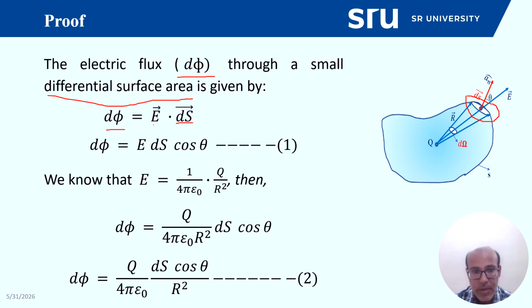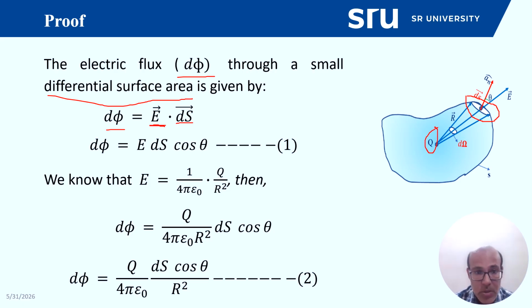Also the flux is proportional to the electric field due to this charge. When you keep a charge, definitely there will be an electric field, because electric lines of force will be radiating outward if it is a positive charge. So the flux d phi is equal to E ds.